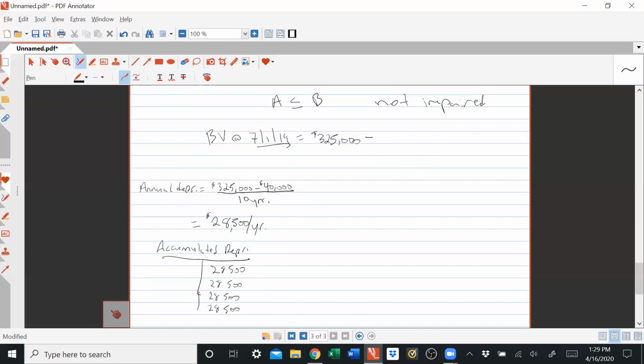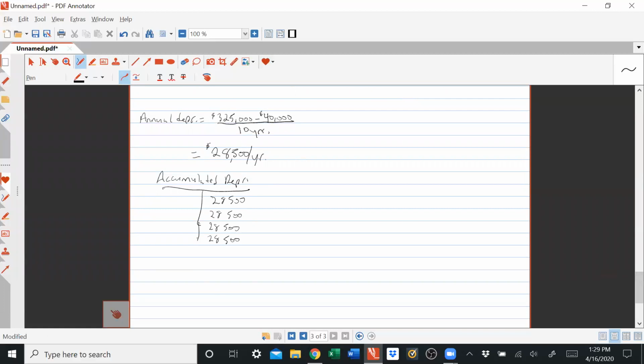So this is first year's depreciation, second, third, fourth. So as of June 30th, 2019, the balance in accumulated depreciation should be the sum of these four numbers. So 114,000.